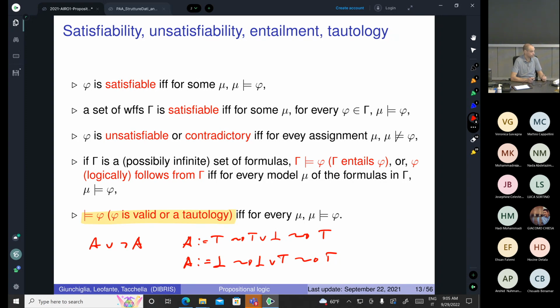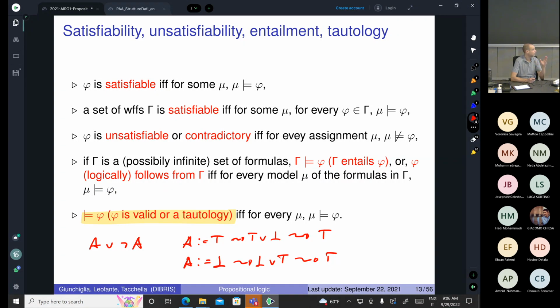So, short recap. To be satisfiable, you need only one model. A model is an assignment that satisfies the formula. So to be satisfiable, you need only one model. To be a tautology, you need that every assignment is a model.